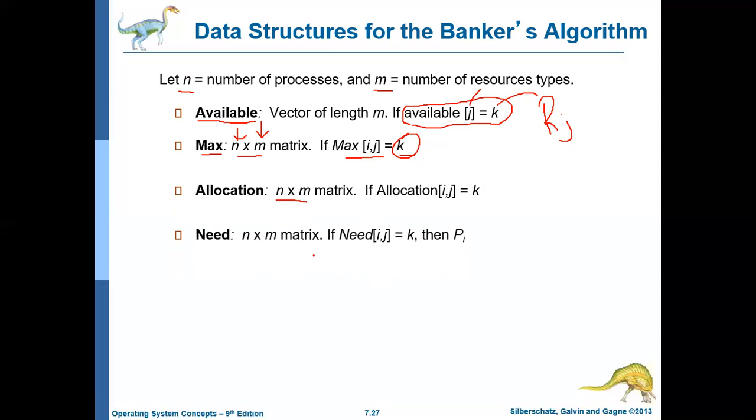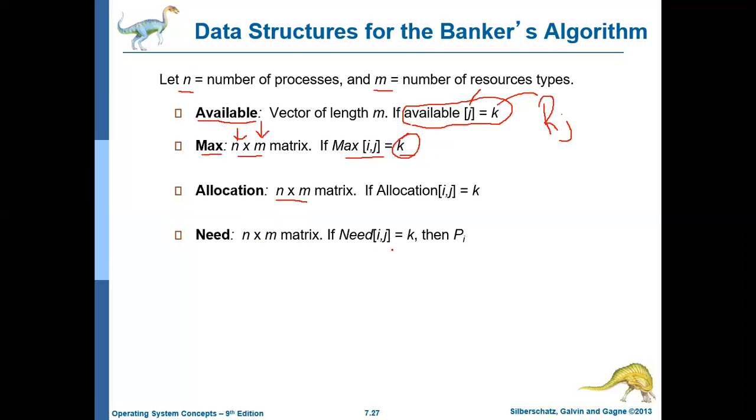And there is another data structure, which is need. This is also an n cross m matrix, where n is the number of processes and m is the number of resource types.